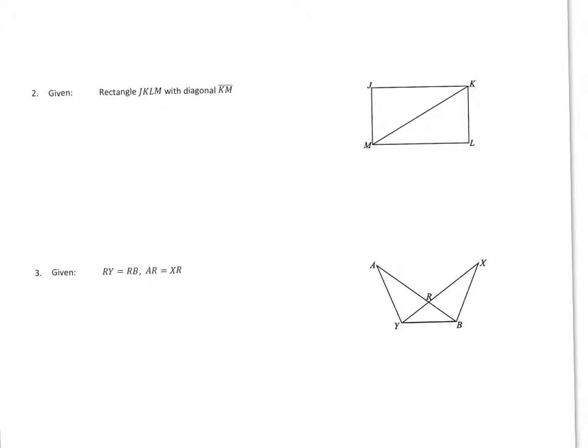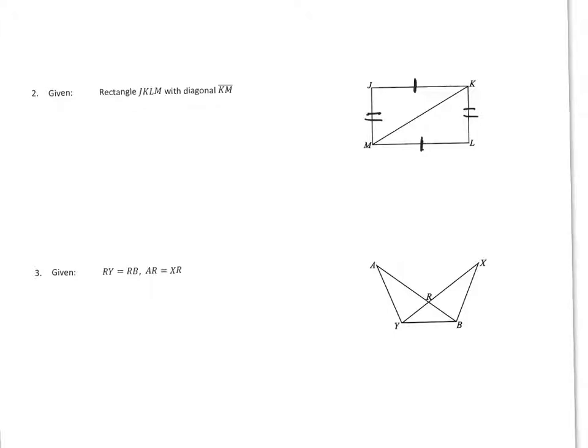I know a rectangle, the opposite sides are equal to each other. So that tells me that JK is equal to ML, and then that JM is equal to KL.